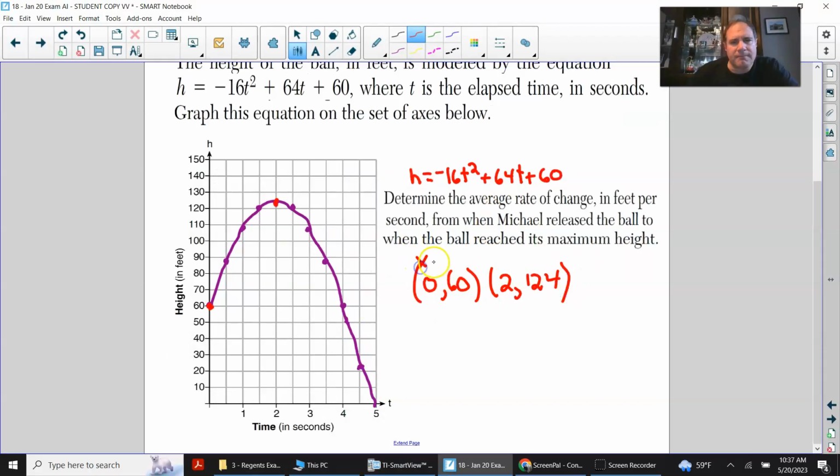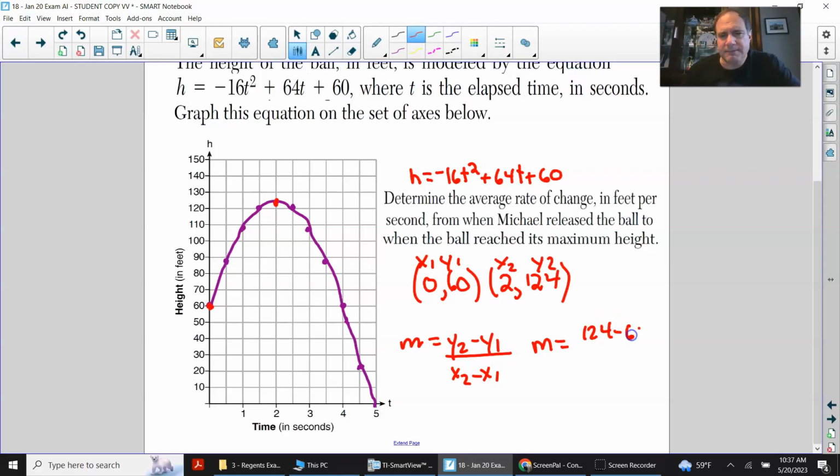So to get the average rate of change, you have to go back to y2 minus y1 over x2 minus x1, and then put that into the calculator. 124 minus 60 divided by 2 minus 0, and you will get 32 feet per second.